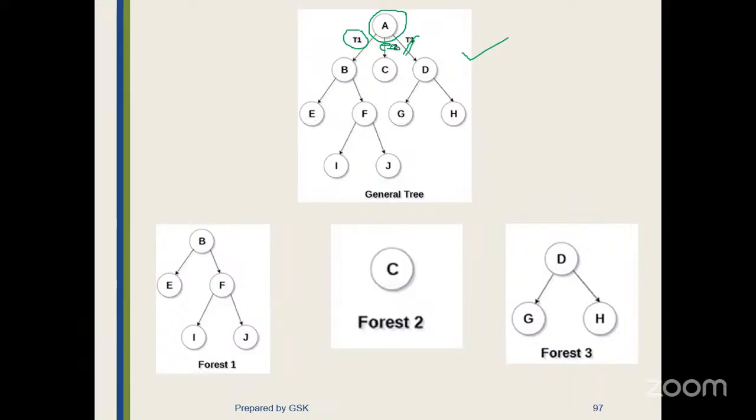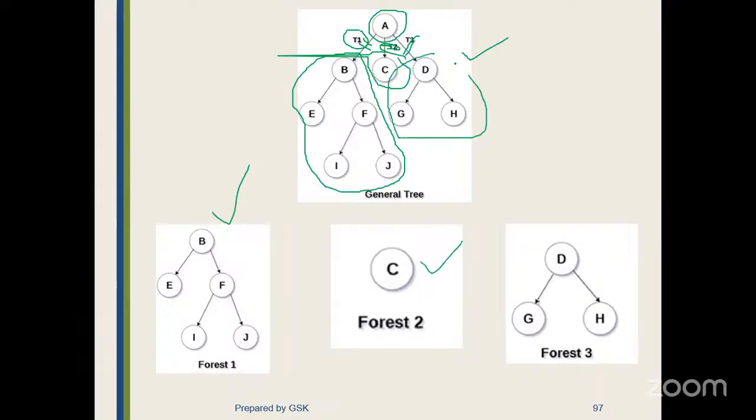We need to delete these edges. If you disconnect these edges, you will get this subtree. This is called a forest. And one more forest is C. And on the right side, D, G, H is one more forest.